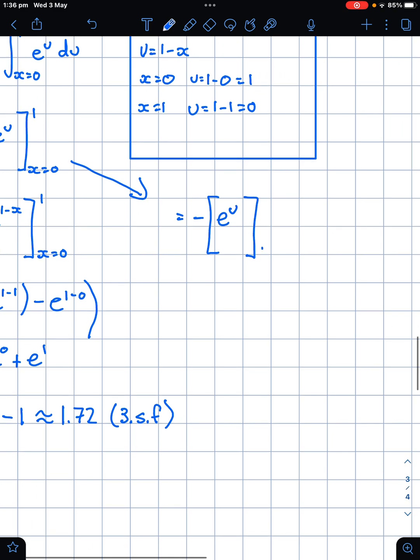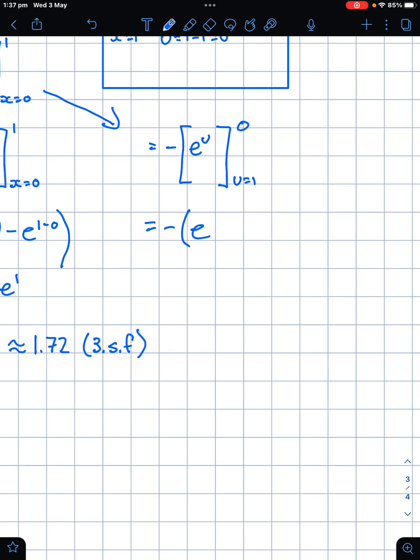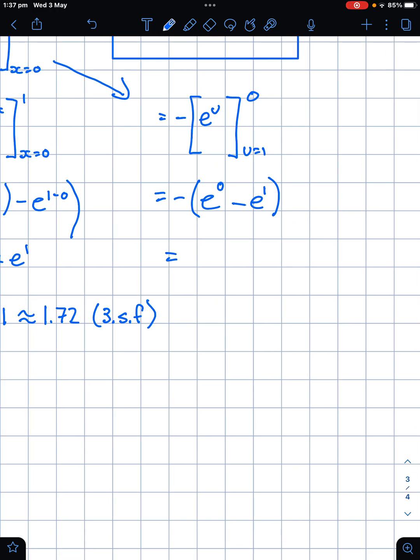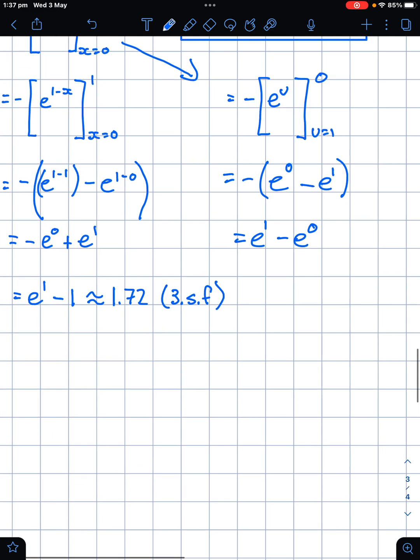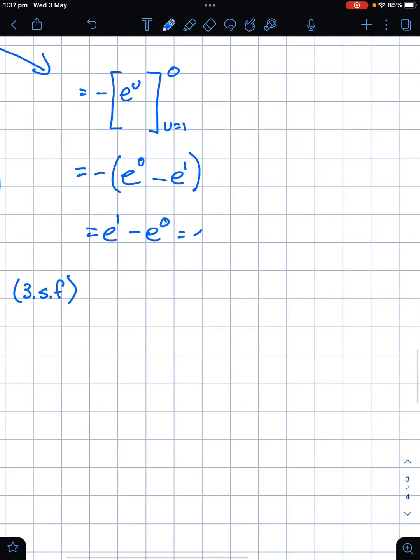So we would go u equals 1, and then x equals 1 turned into u equals 0. So we put the 0 up here, and now we've got e to the 0 minus e to the 1, and that becomes e to the 1 minus e to the 0. So you get the same answer either way, but it depends on how you want to do this. So e to the 1 minus 1. All right, thanks guys.